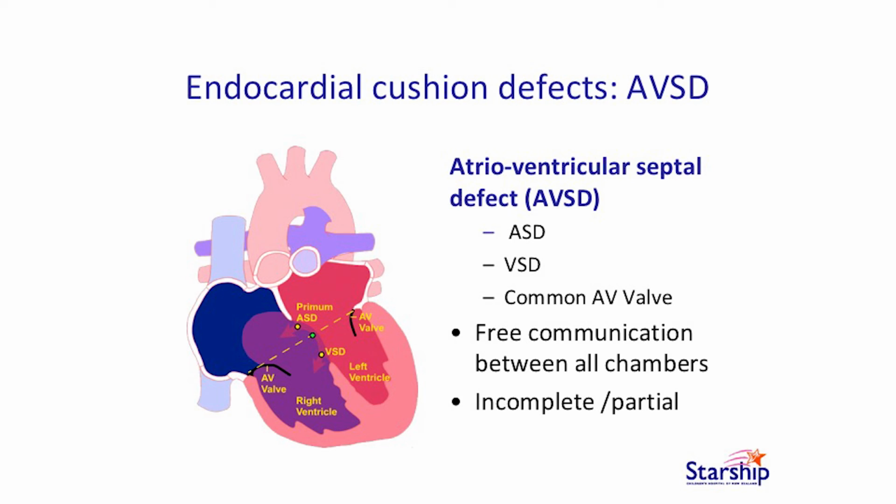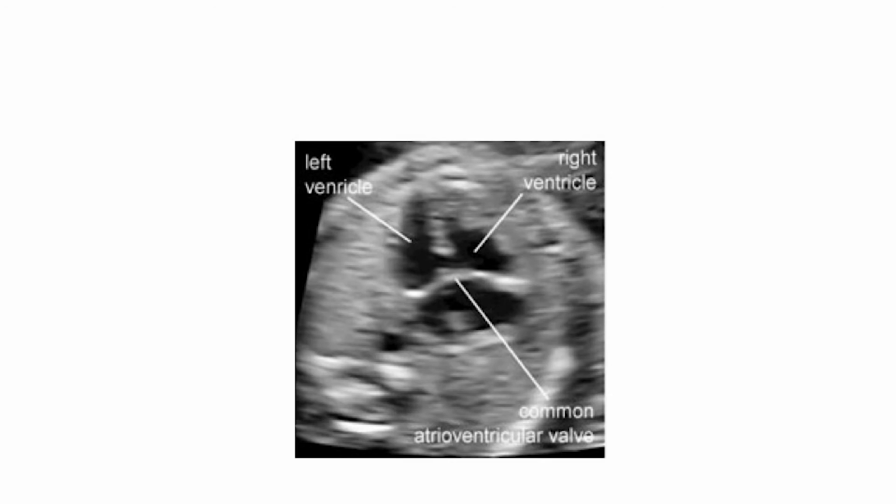So the septum hasn't developed between the atria and the ventricles and the endocardial cushions. So that whole area is a bit sort of scooped out in there because it didn't really develop. So there's free communication between the chambers, and blood, of course, is going to shunt from the left to the right-hand side because pressure is greater on the left compared to the right.